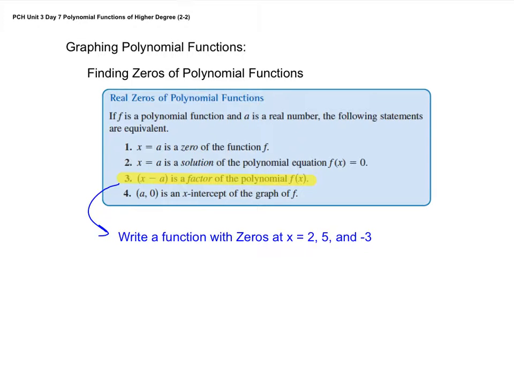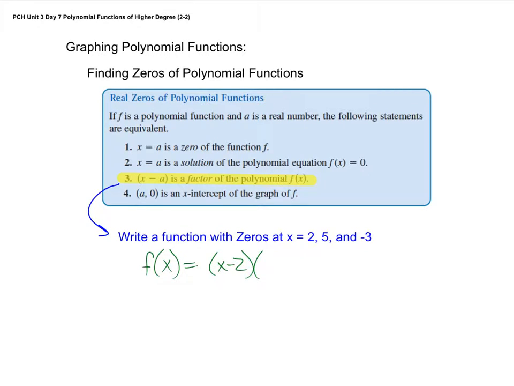So, for example, here I have a function. I want a function that has zeros at 2, 5, and negative 3. So, if 2 is a zero, then what this is telling me is that x minus 2 is a factor of my function.